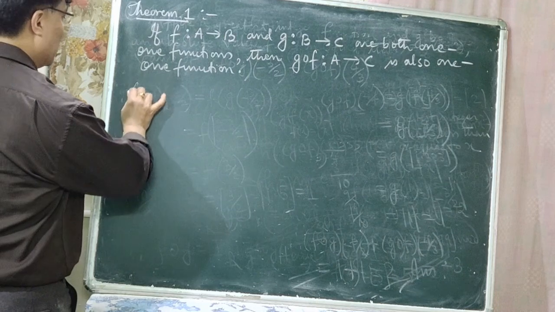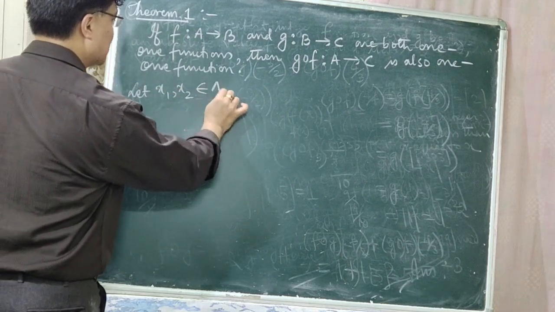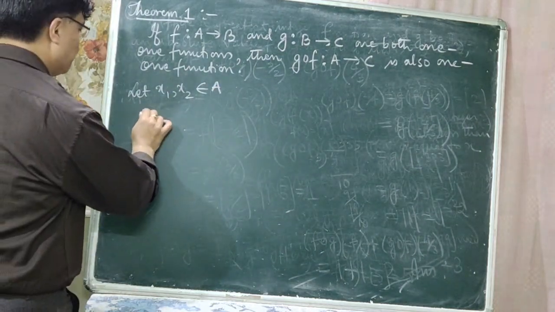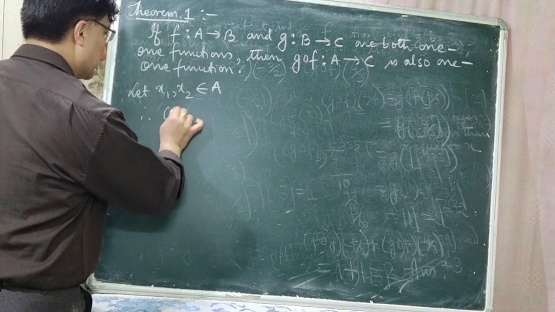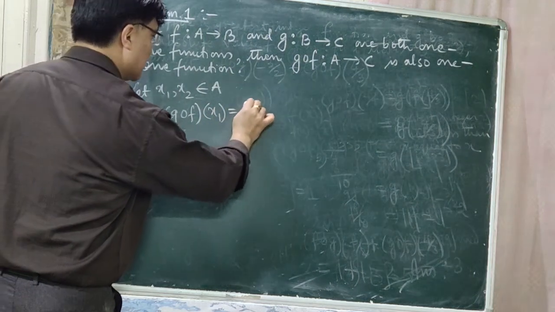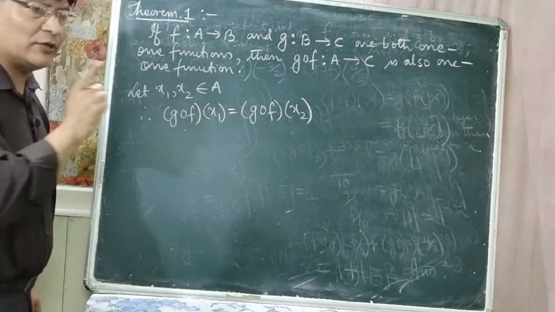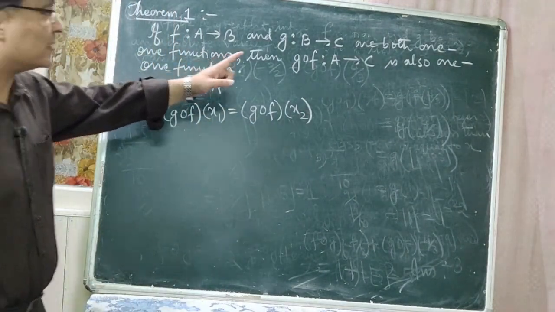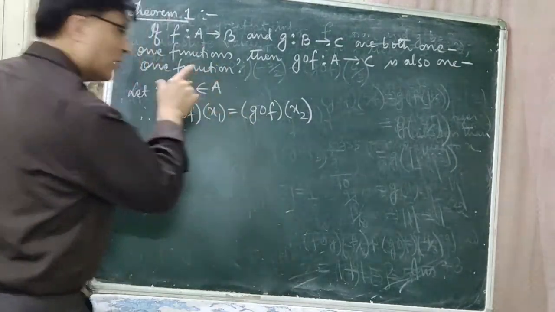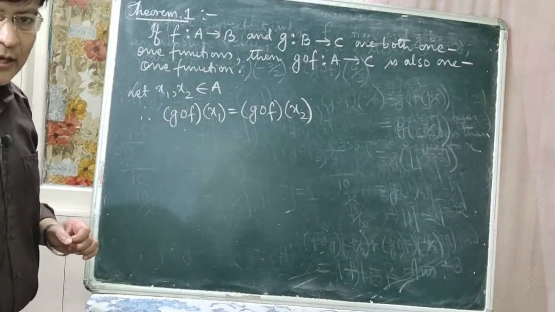Let us take two elements x1, x2 that belong to the set A. Therefore let us take gof of x1 is equal to gof of x2. You have to prove from this relation that x1 is equal to x2.